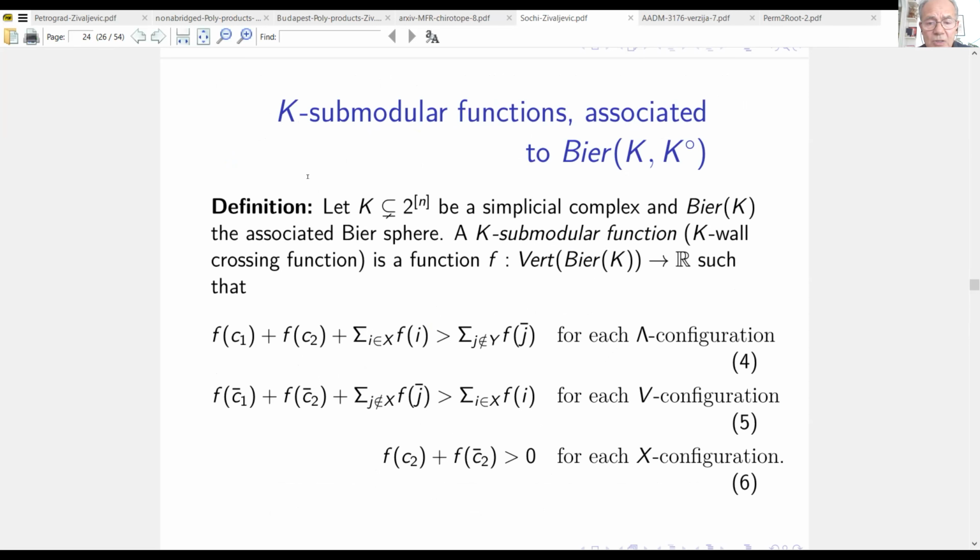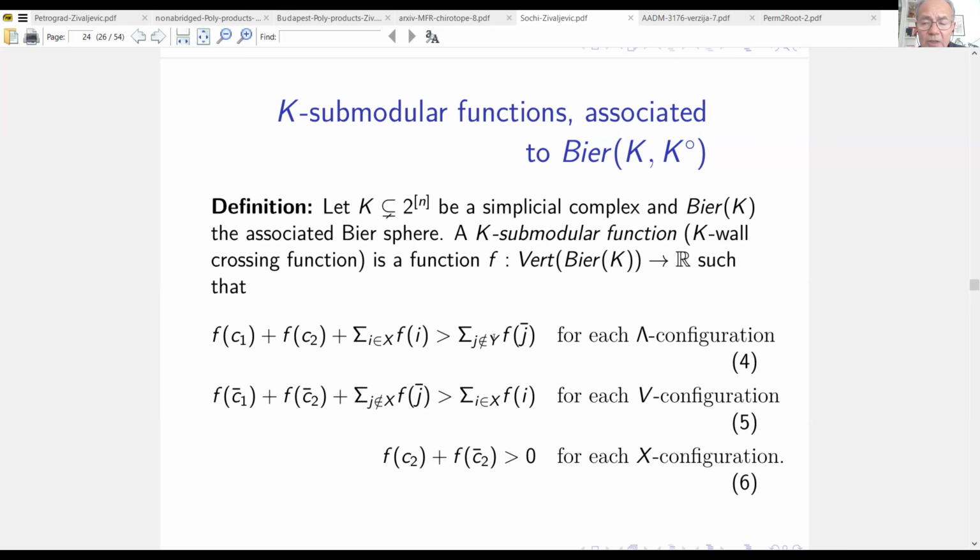So we introduced K-submodular functions, where K is a simplicial complex, in our first publication about Bier spheres. And I will not again discuss very much the precise meaning of these inequalities. If you look at inequalities 4, 5, and 6, they involve X, a losing coalition, and Y, a complementary set, a winning coalition.